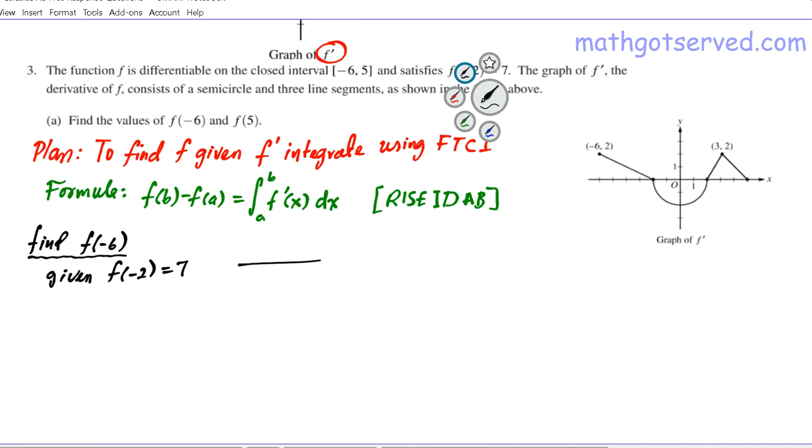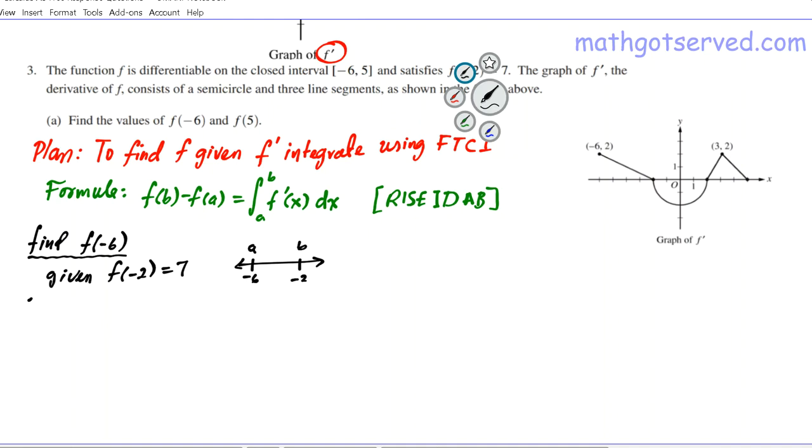Okay, so we have a number line. Which one is to the left of which? Negative 6 comes first and then negative 2. All right, so when you're setting up your integrals, you want to make sure you're setting it up in ascending order. So which alphabet comes first? A, right? So this is A and that's B. Very important.